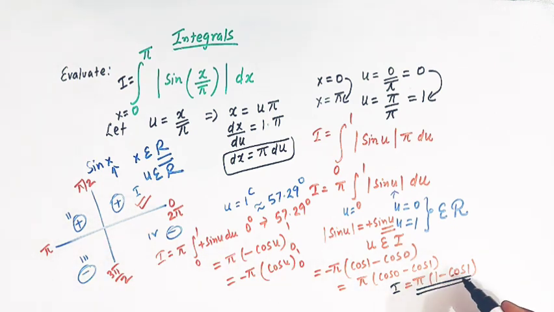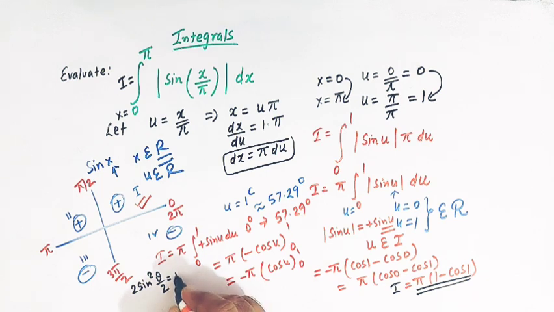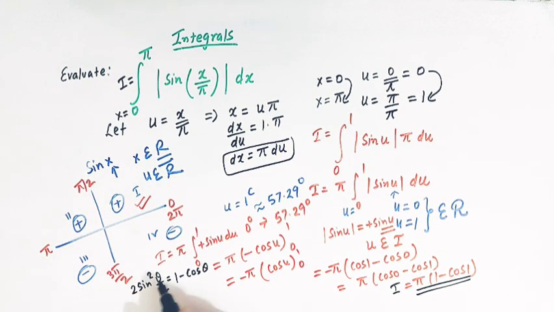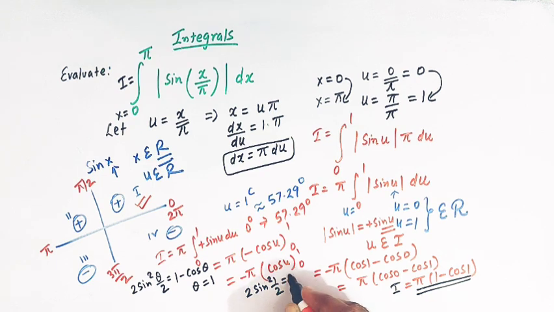We can also express this value in another form by utilizing a trigonometric identity: 2 sine square theta over 2 is given by 1 minus cos of theta. Taking theta equal to 1 radian, we have 2 sine square half is equal to 1 minus cos 1.